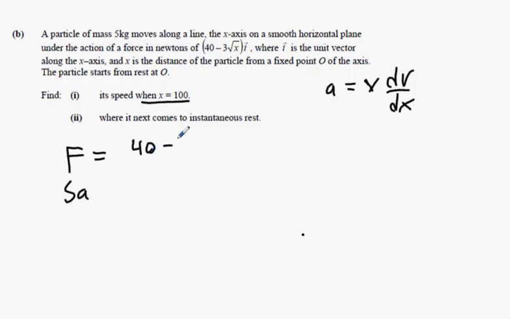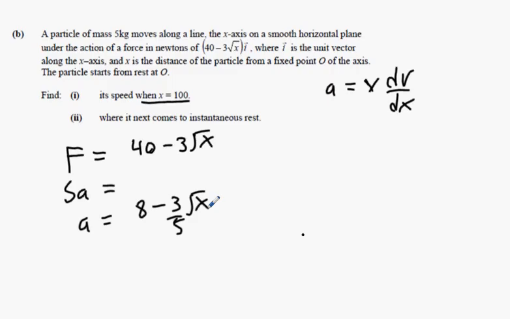Divide that by 5 and we get a equals 8 minus 3 over 5 root x. Once again, there's no time in this question, in the first part anyway. The second part might be different.